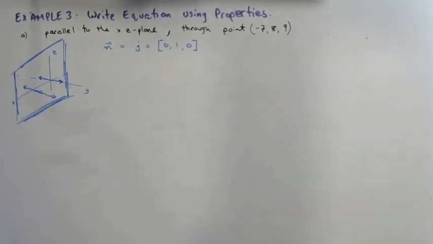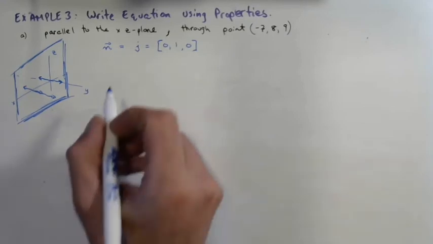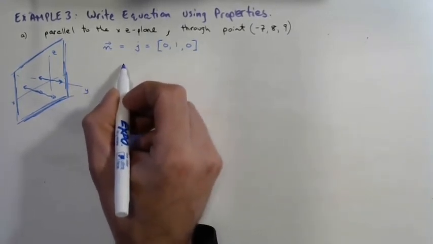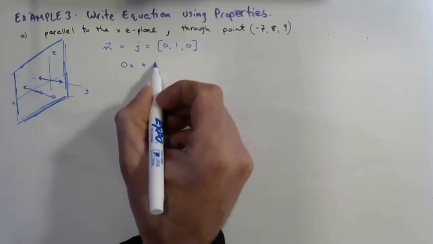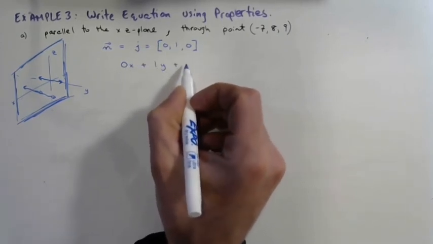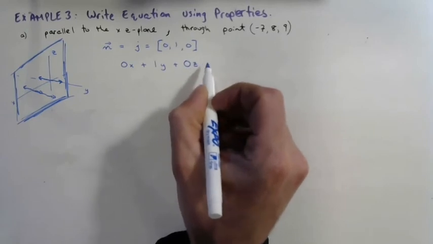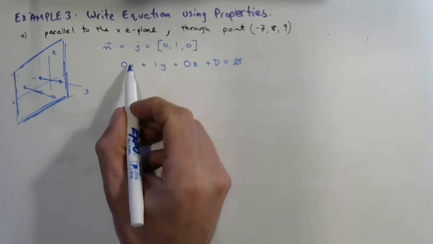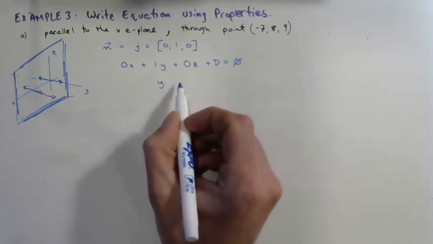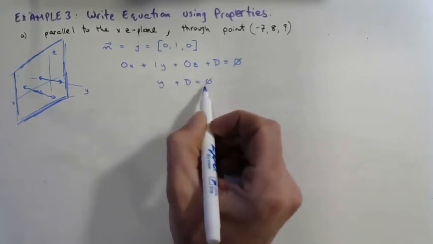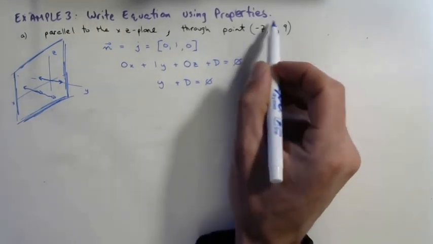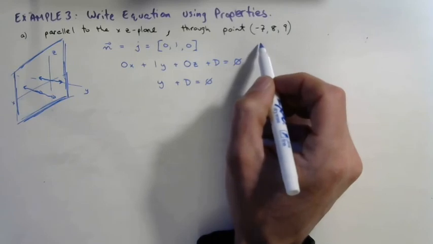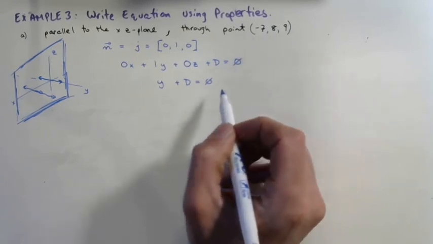So a scalar equation for this plane gets real simple, right? Let's just put this into a scalar equation. We've got 0x plus 1y plus 0z plus d equals 0. This is y plus d equals 0. And we know that the plane contains this point, so that means (-7, 8, 9) satisfies the equation.